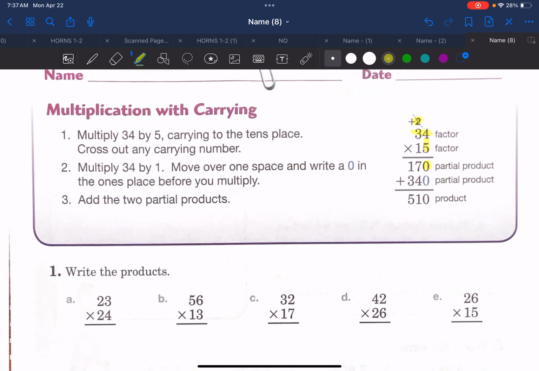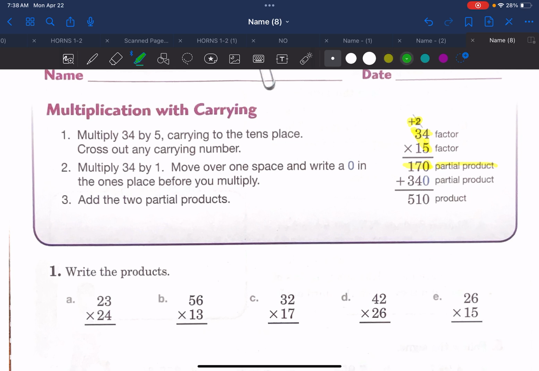Then we do the 5 and the 3, which is 15, but since you have 2 more up there, you multiply going across to your number, but then you add. That's why they have a little add symbol. So 15 plus 2 is 17. So your 34 times 5 partial product is 170.